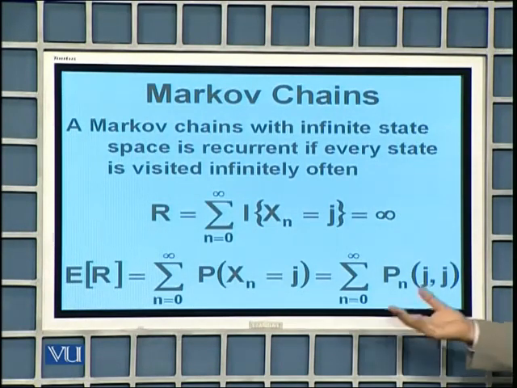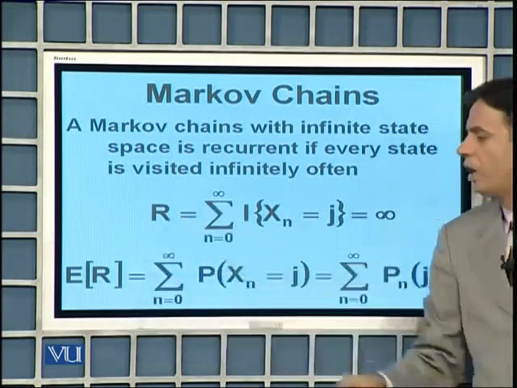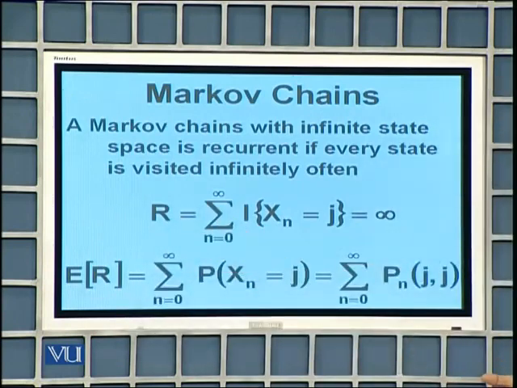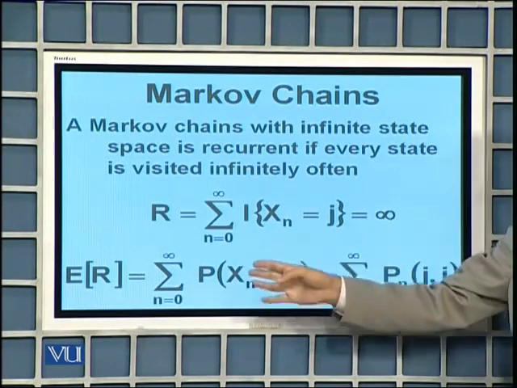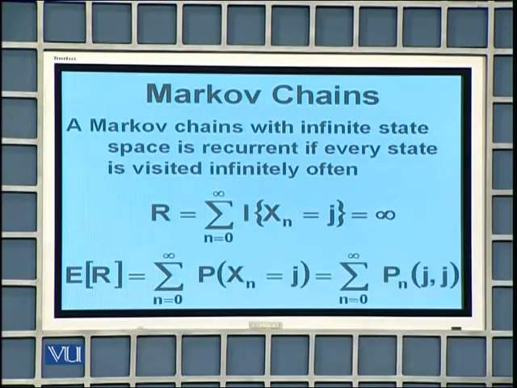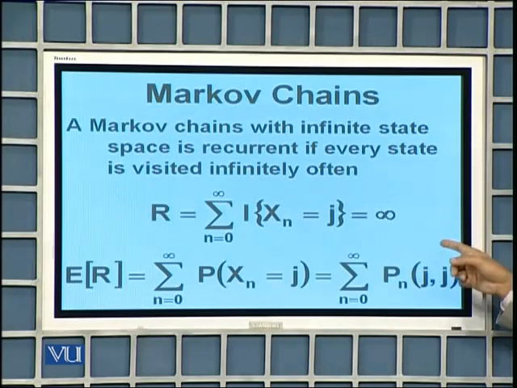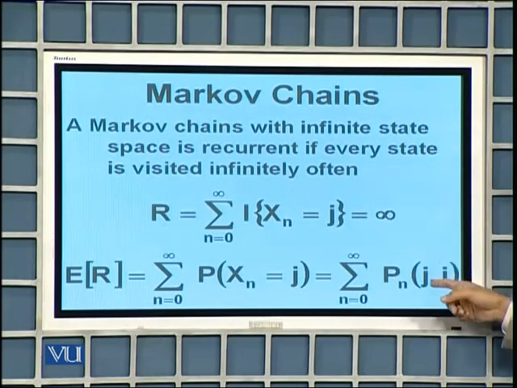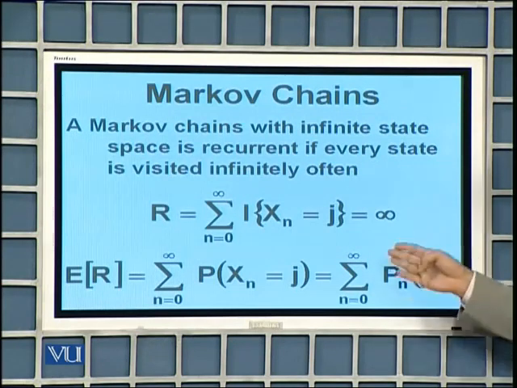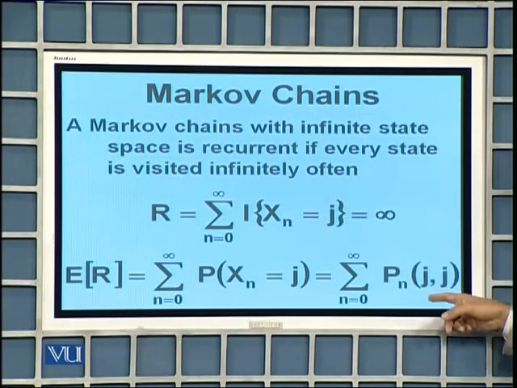In any case, if you want to find the expected value of R, the number of visits associated with a state, then based on the analysis we performed a couple of lectures ago, this is nothing but the summation of n-step transition probabilities from state j to j. So if you move from state j again to state j in n steps, you are revisiting that state, and you count all these probabilities of moving from state j to j in n steps, where n can vary from 0 to infinity.